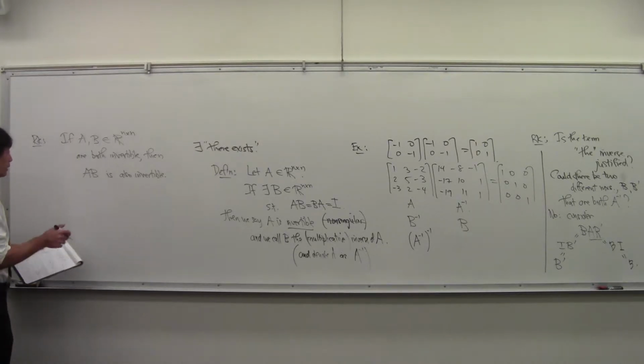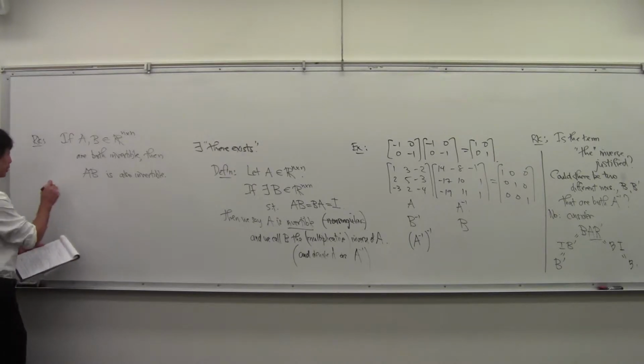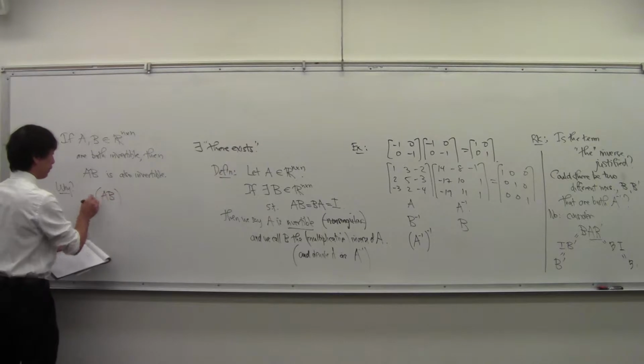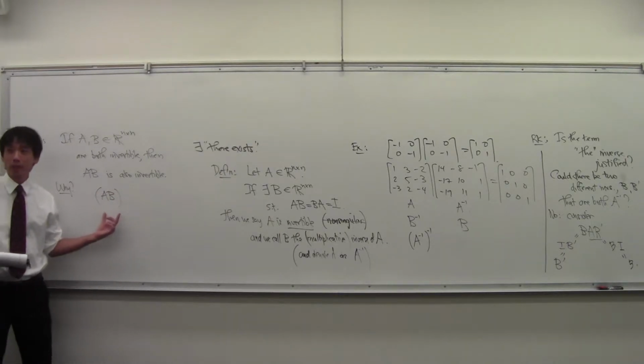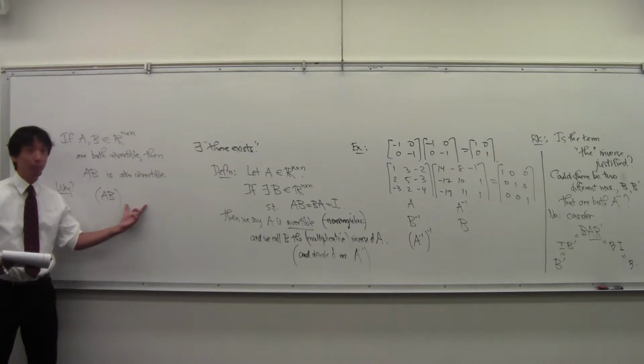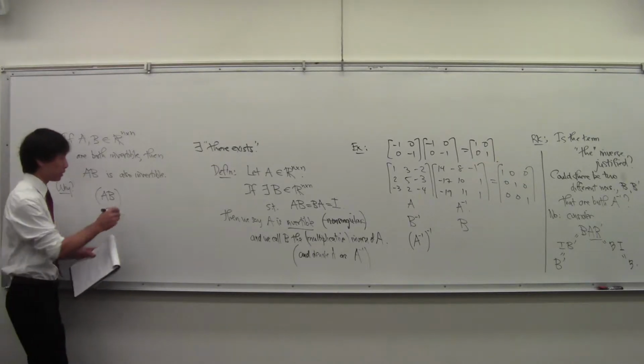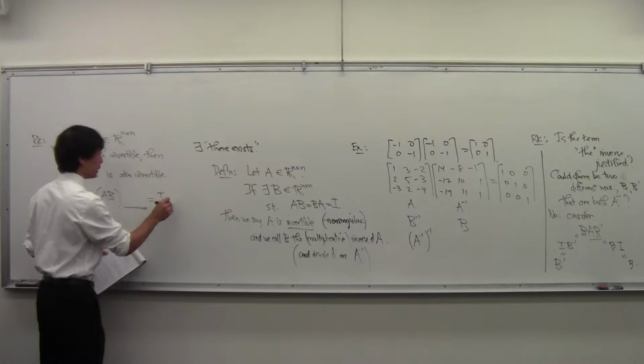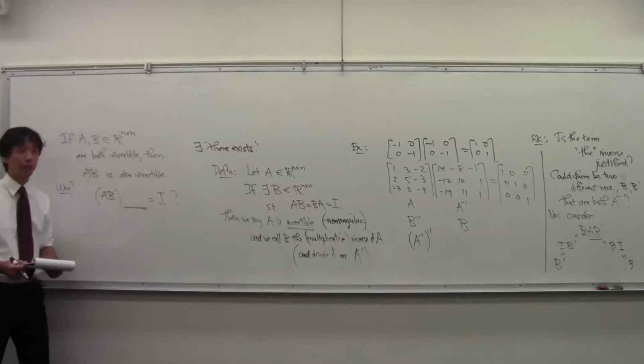And the way you see it, why? Suppose you have this matrix. Can anybody see immediately some other matrix that you can multiply by and get the identity matrix? This times what is equal to the identity matrix? Can anybody fill in the blank there?